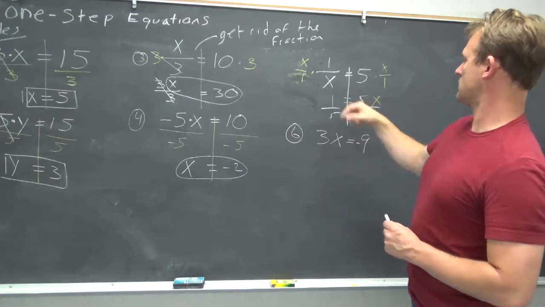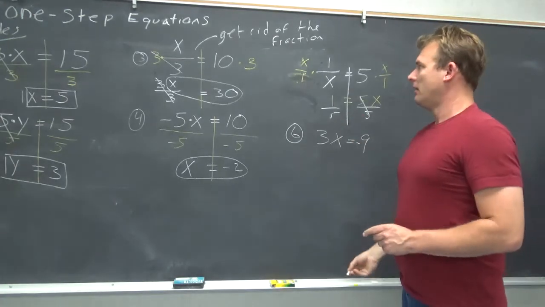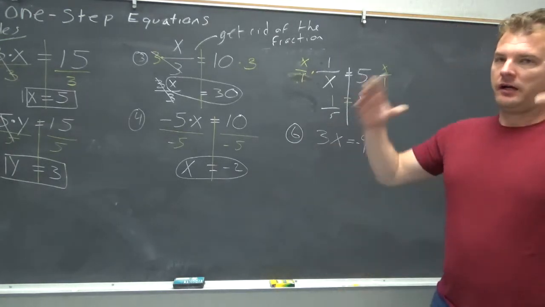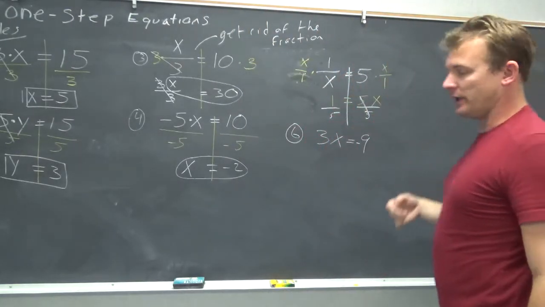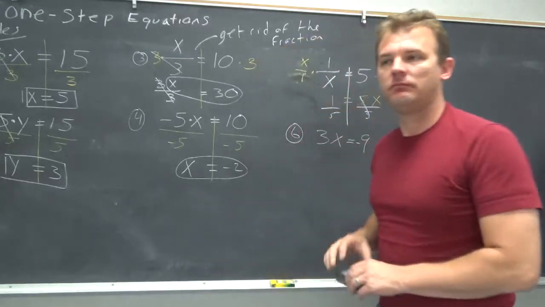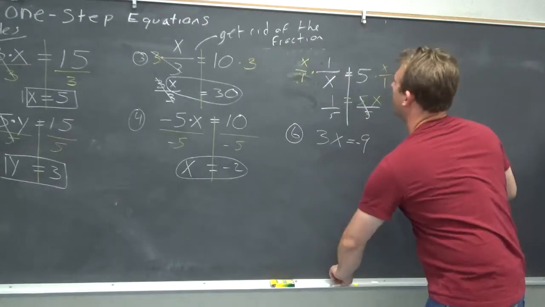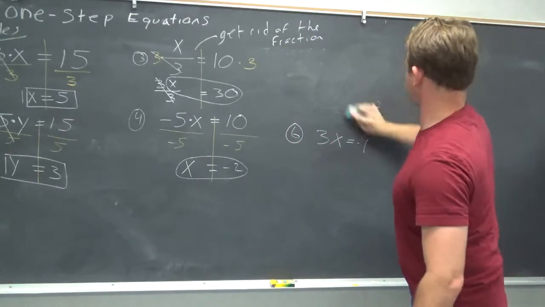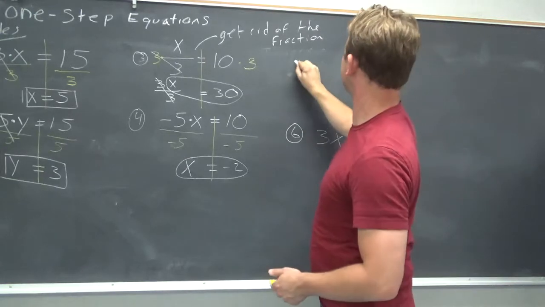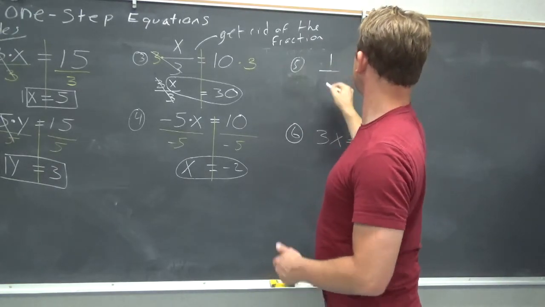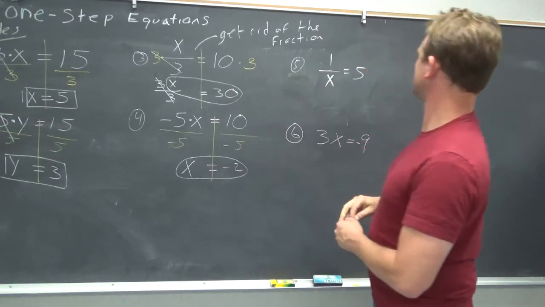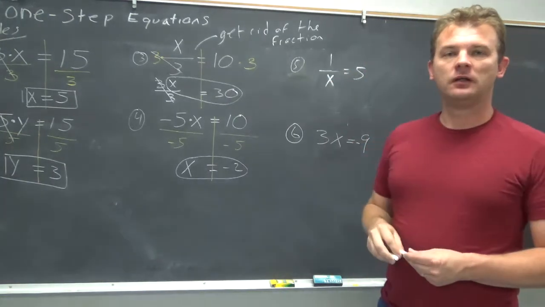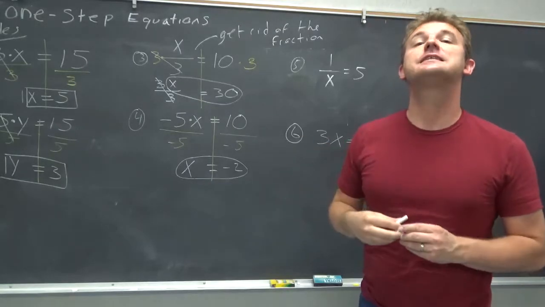And the answer is 1/5. And you're probably thinking, that's way out. Well, let's do it again, but this time, make it simpler. Let's make it easier. How do you get rid of a fraction? You multiply by its reciprocal.